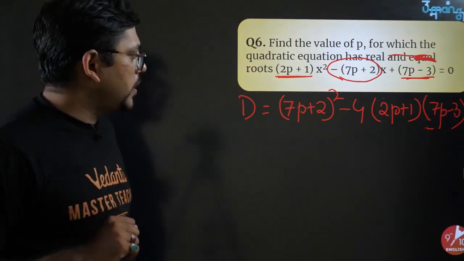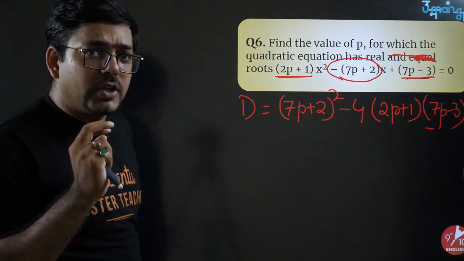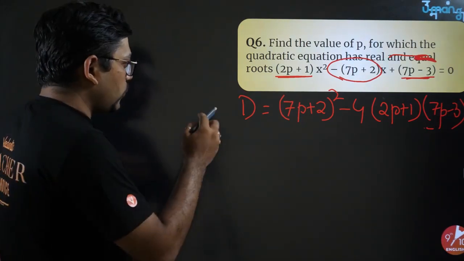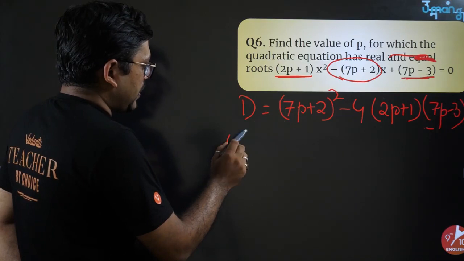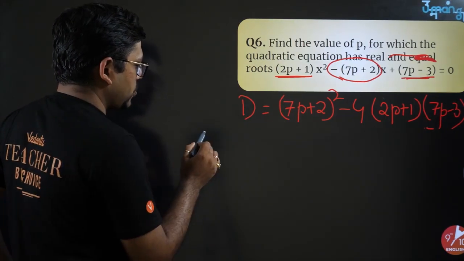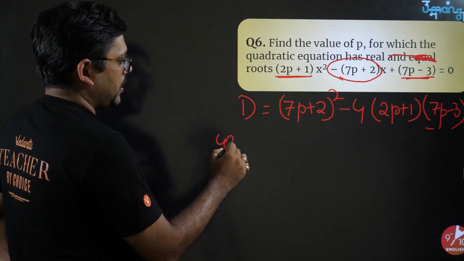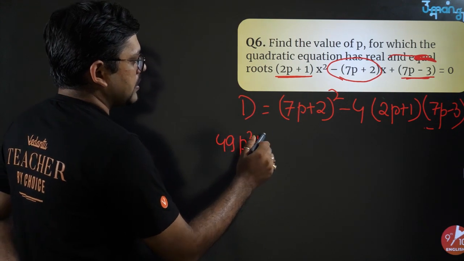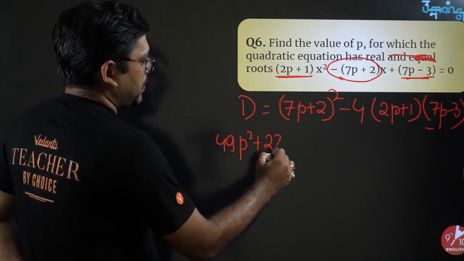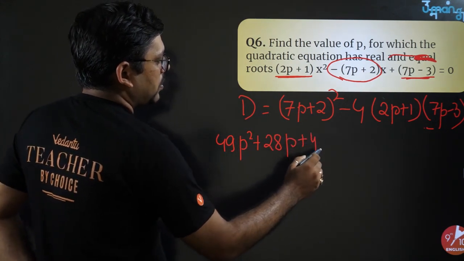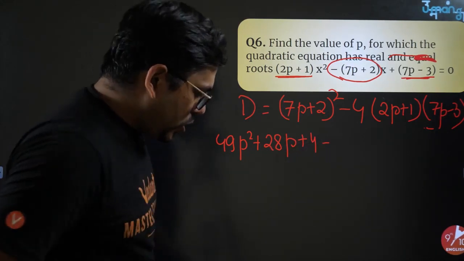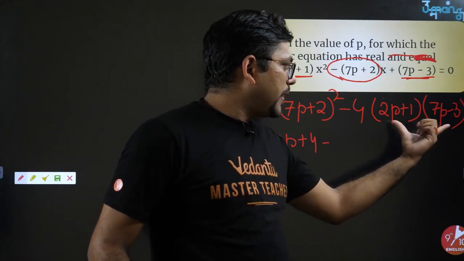Okay, chalo. If you all have understood till here, let's solve it. Yeah, we'll have to actually solve it. So 7p plus 2 whole square. I'm just opening the bracket, so please be attentive. I'm writing here 49p square plus 28p plus 4 minus. So here you'll have to multiply all three of them.